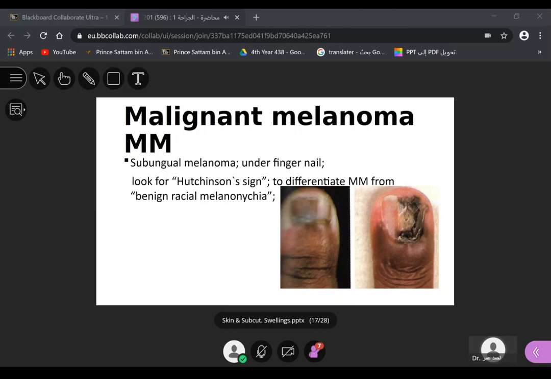So how can you differentiate? Sometimes the patient can have a trauma, and he can have a hematoma beneath the nail bed, which also appears like a black color. So how do you differentiate between subungual melanoma and these two conditions?